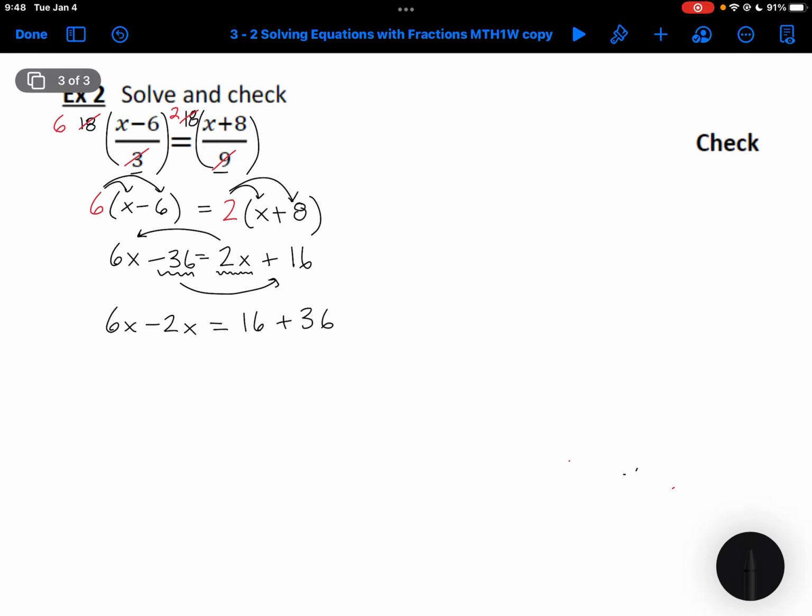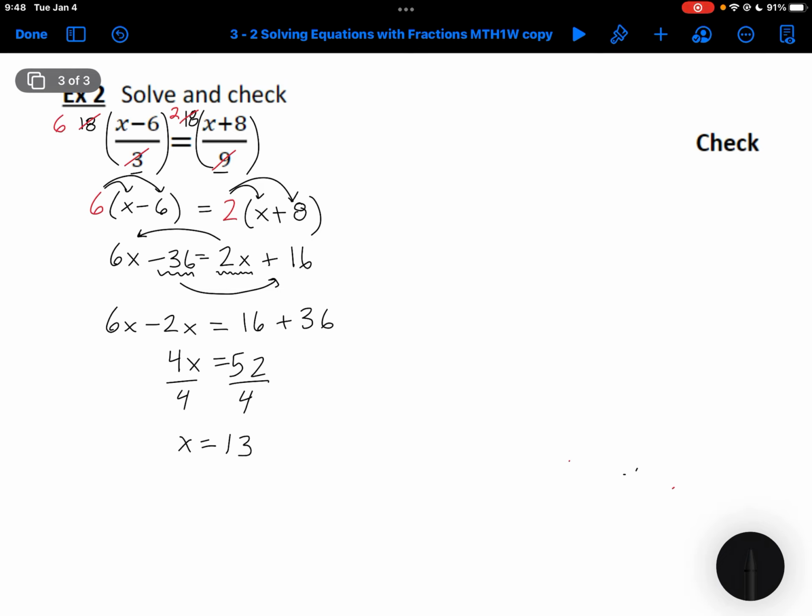When I collect these terms together, I've got 6x minus 2x gives me 4x, and 16 and 36, let's see, 6 and 6 is 12, so I get 52 here. And then I'm going to divide both sides by the number in front of the x, and I should get 13 as my answer for x.